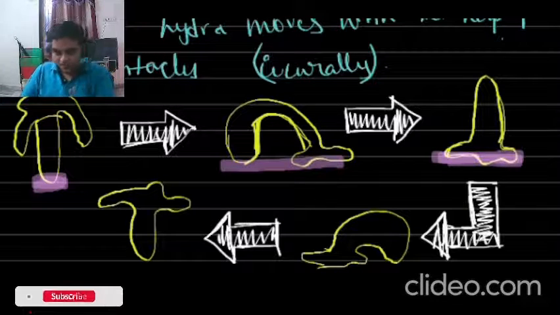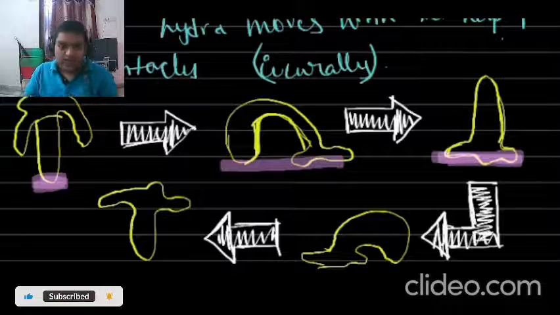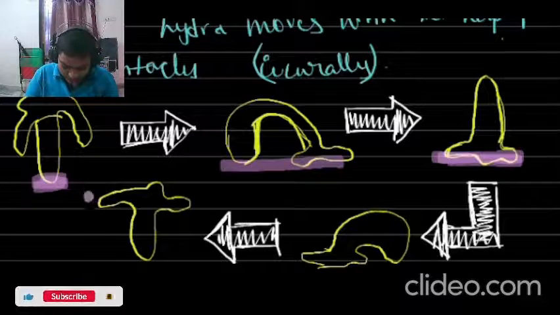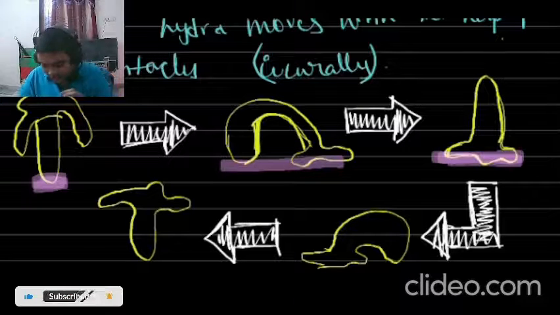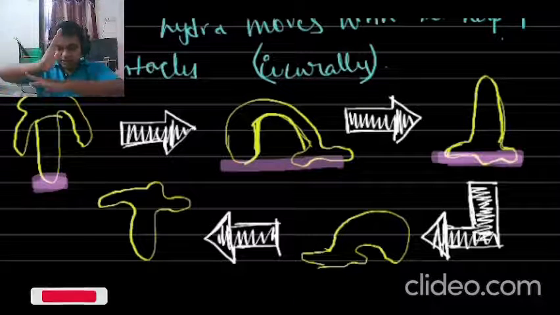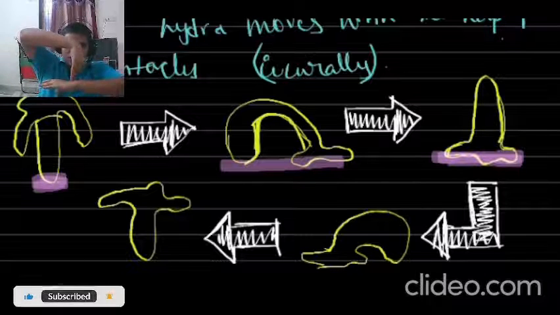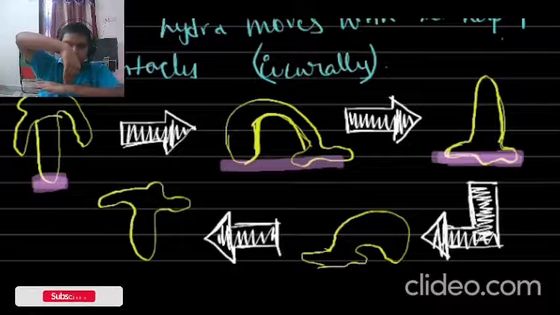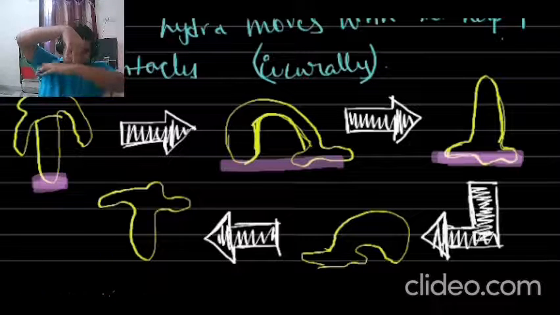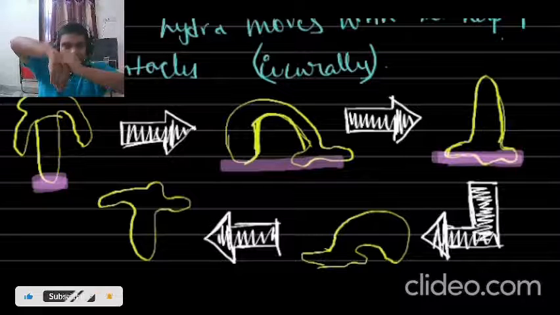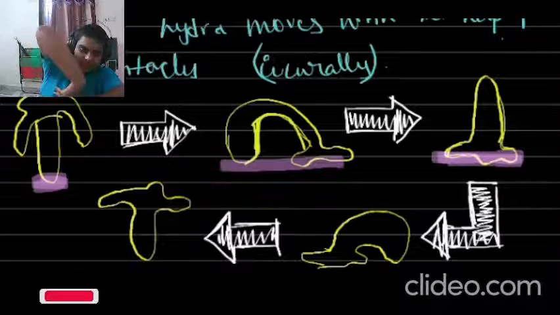Now after moving a little distance like this, it has to again get back into its original position. That is why this Hydra again bends. Now it has completed half a circle. Now the full circle is completed like this. Now as the tentacles and the mouth part are downwards, it tries to bend the opposite body to the tentacles like this.